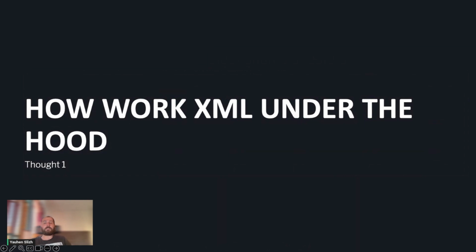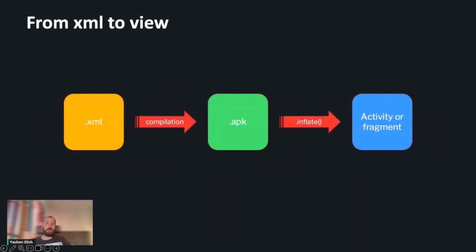The first thing that I learned was how the conversion of our XML file to a hierarchy of views happens. This simple picture describes the basics of the process of transforming data from an XML file into its representation in the view.